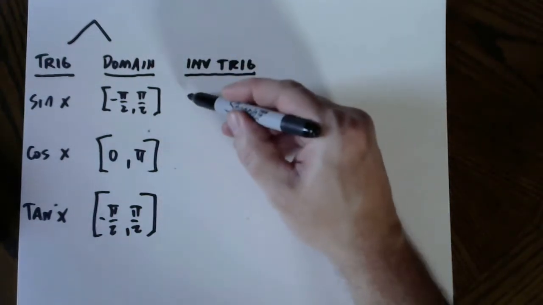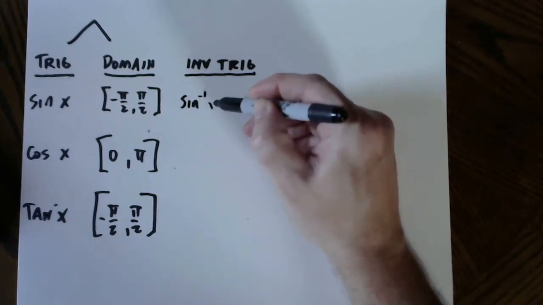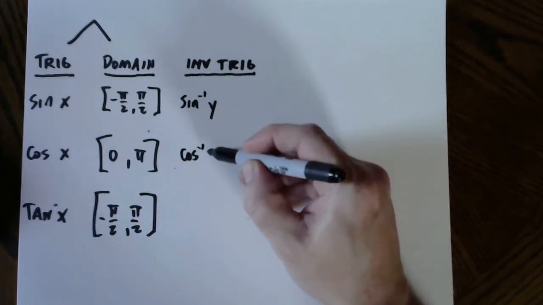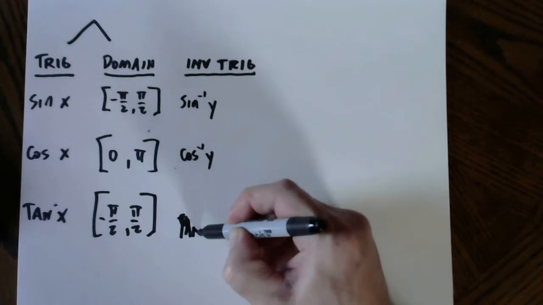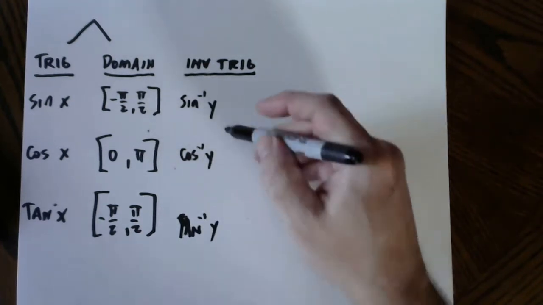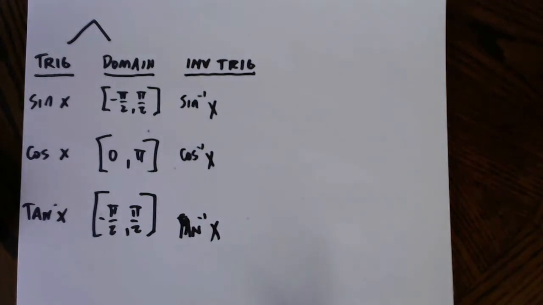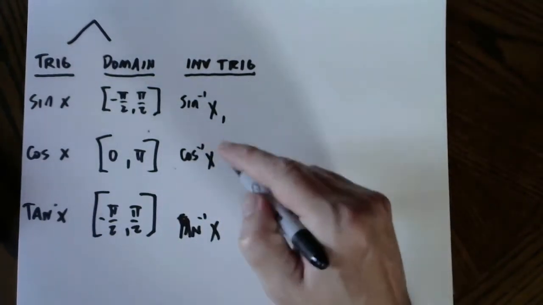One way is this would be read inverse sine, inverse cosine, inverse tangent. Let's make it x. Okay, so inverse sine, inverse cosine, inverse tangent, and likewise, and again, these are the same functions.